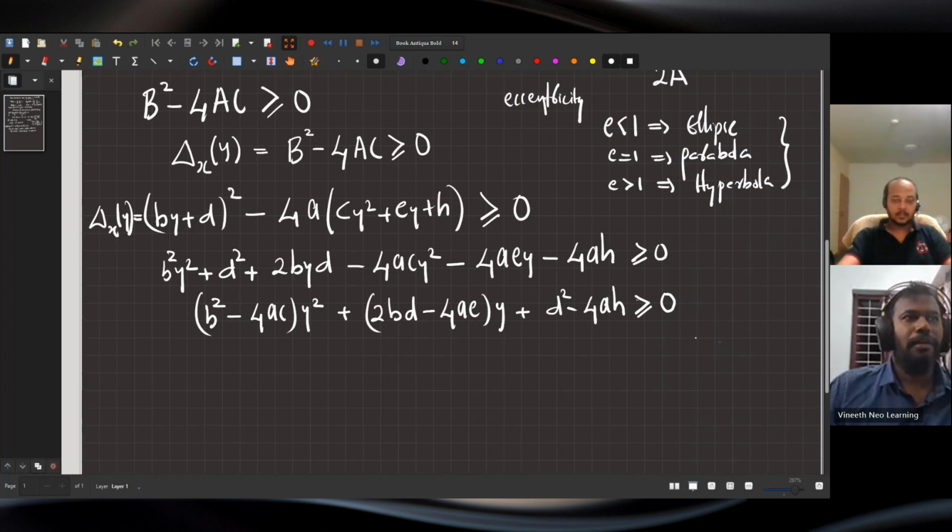Let's first assume that b squared minus 4ac is equal to 0. This is case 1.